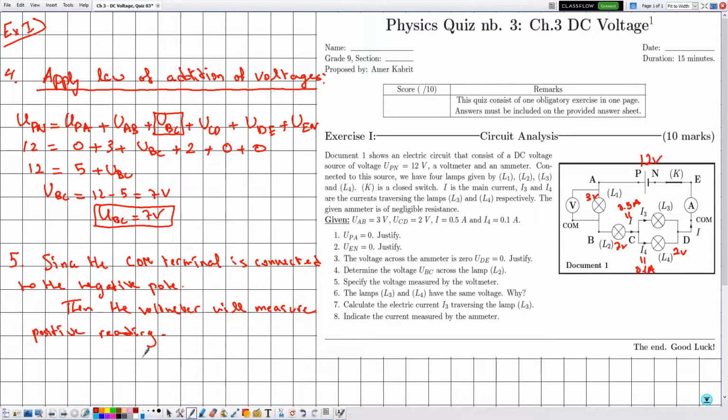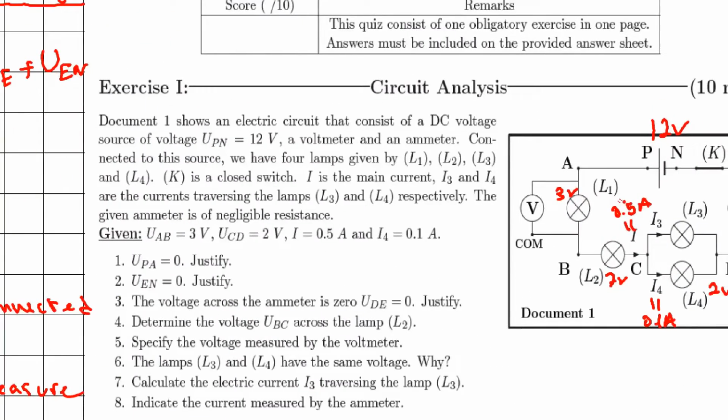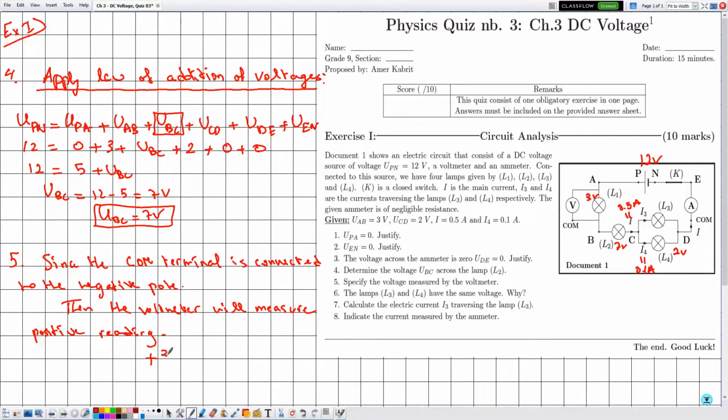So it will measure a positive reading, which is given by plus, but this is not enough. We need to indicate the value, which is given by 3 volts. So this is the reading of the voltmeter.